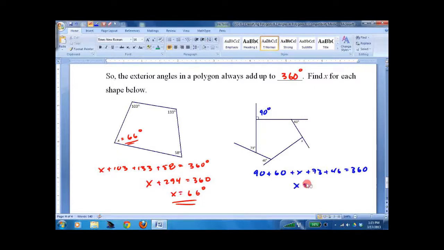X plus 269 equals 360. Looks like x equals 91 degrees. So this is some of the calculations you'll have to do. Make sure you understand what's going on here. We're going to build on this. We're going to take this and make it more complicated. Not an easy thing to do. Good luck.